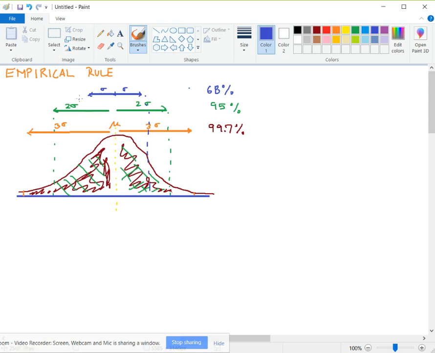That's all the data points that fall in this area. So that in a nutshell is what the empirical rule states.